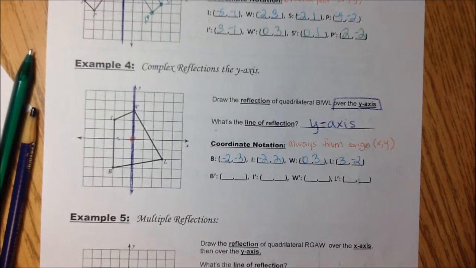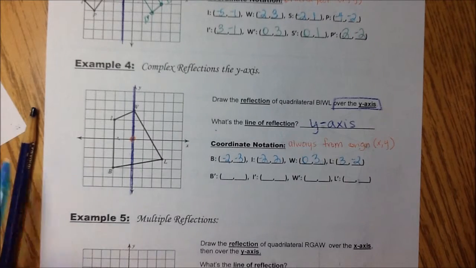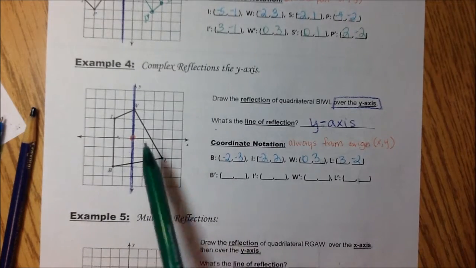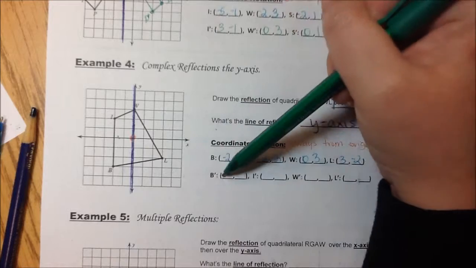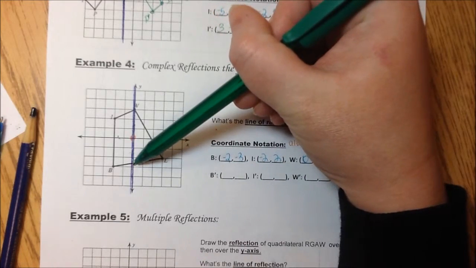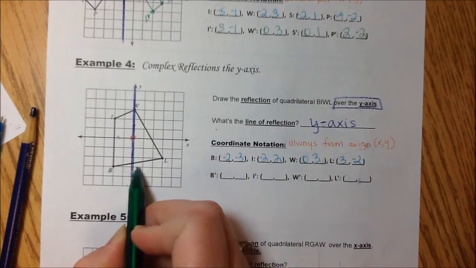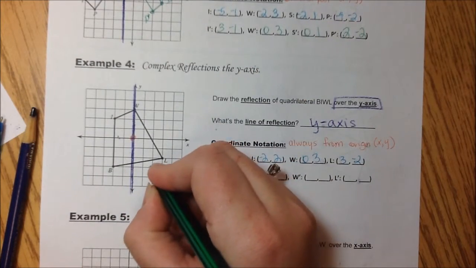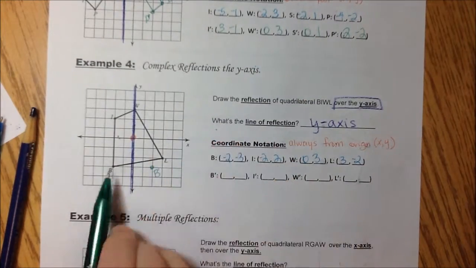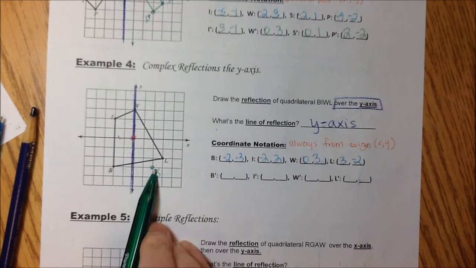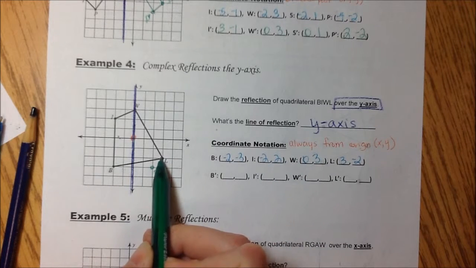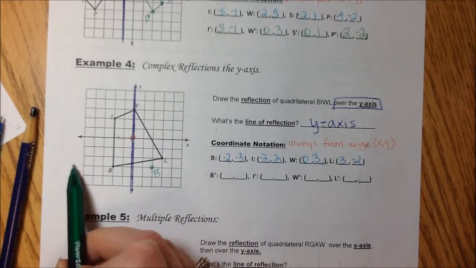Okay, so let's do the reflection now. We're going to get green, because we're going to do our image. Alright, so let's start with B over here. B, we're going across this line, so it is over 2, so we're going to go this way, over 2. B prime, just flipping it across that line. L is on this side, so when we flip it, we're going to go that way.